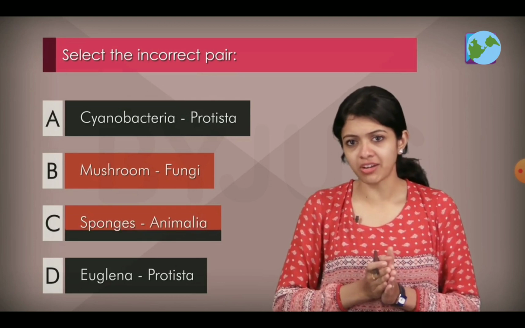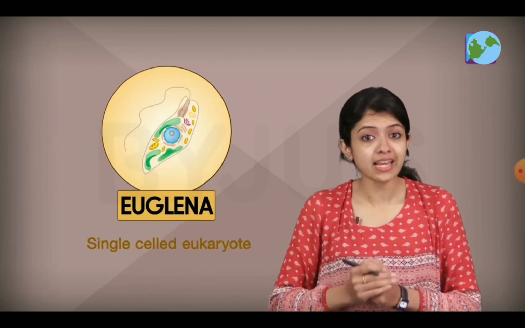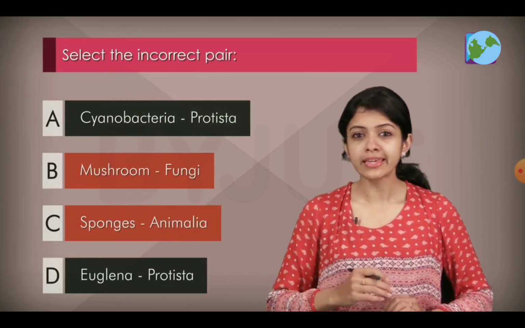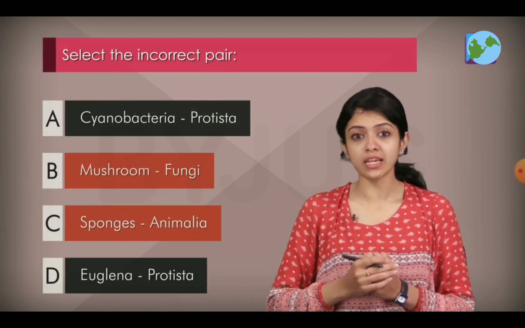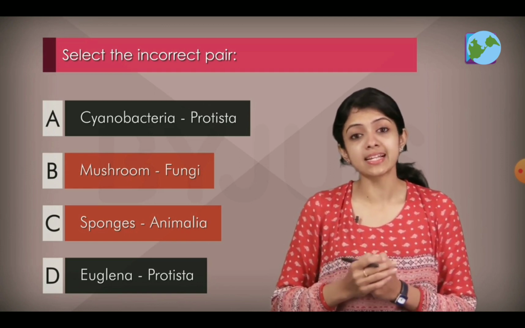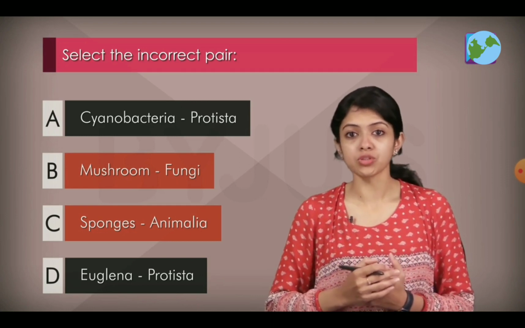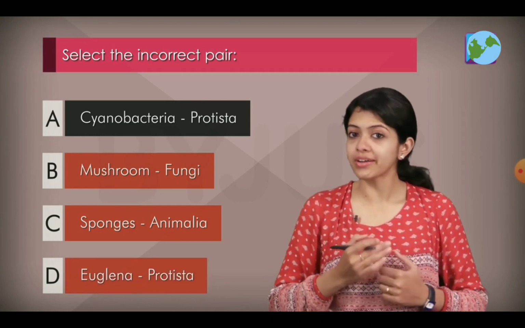Nevertheless, it's matched correctly. Euglena is a single-celled flagellated eukaryote, making it a protist. Remember, kingdom Protista is the group that includes most of the single-celled eukaryotes, while Monera includes prokaryotes. So, B is also a correct pair.